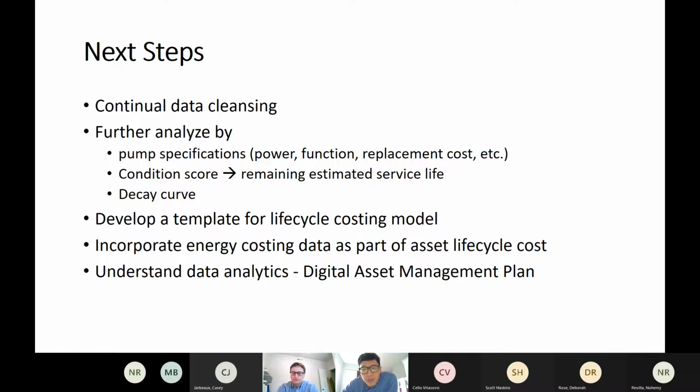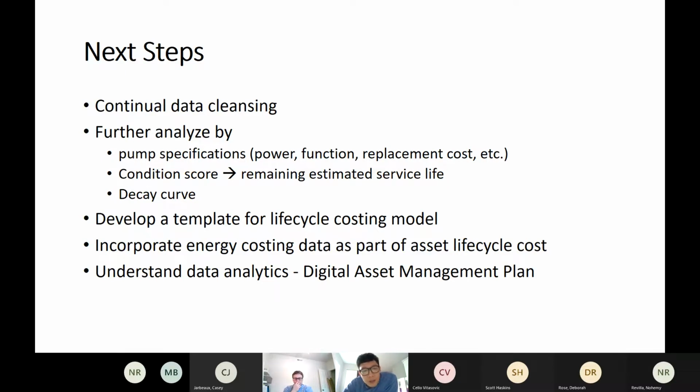So we're probably going to use this as pilot data, and we're curious how other utilities are experiencing work order spending, so that we can create a better, more representative life cycle costing model.